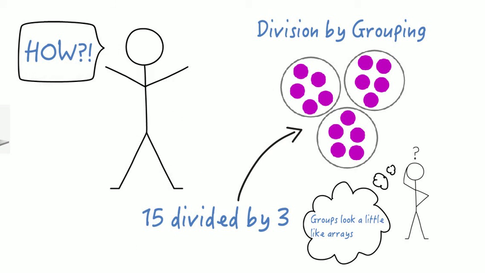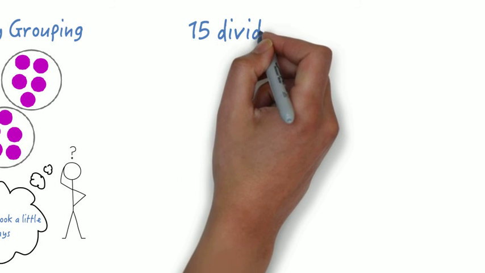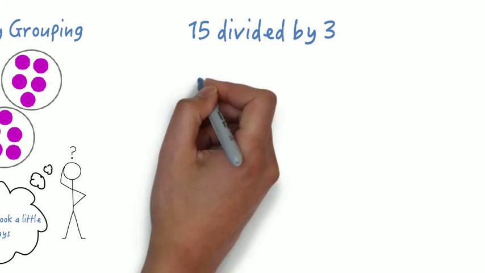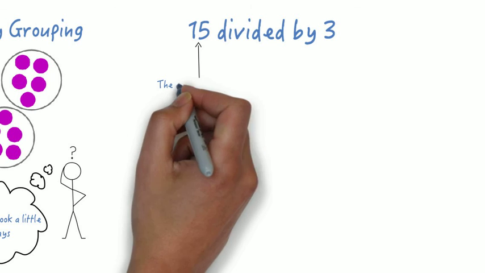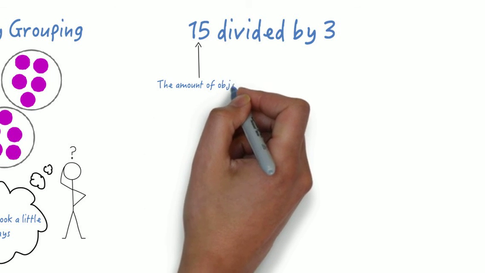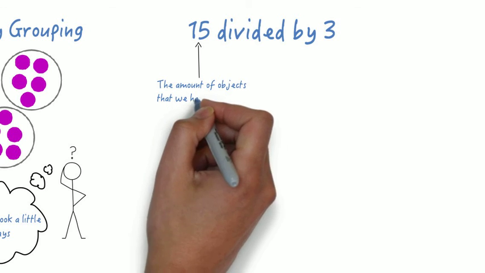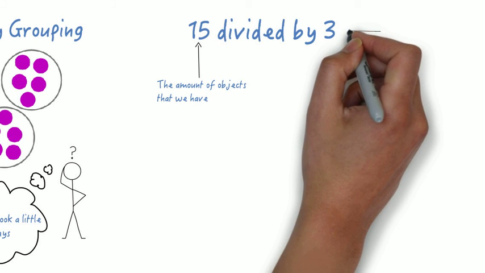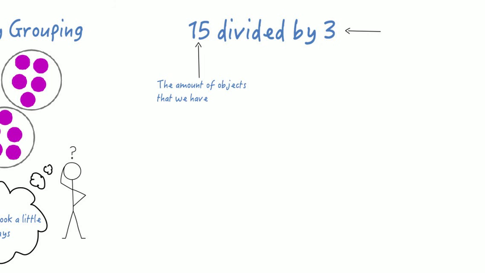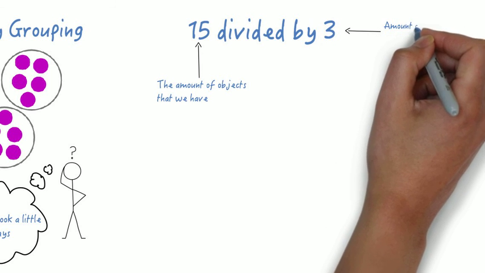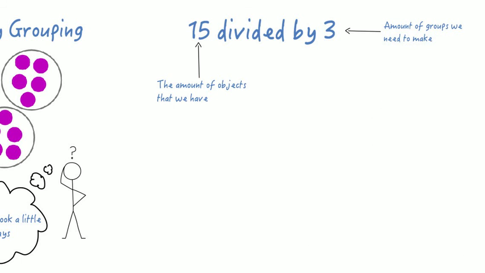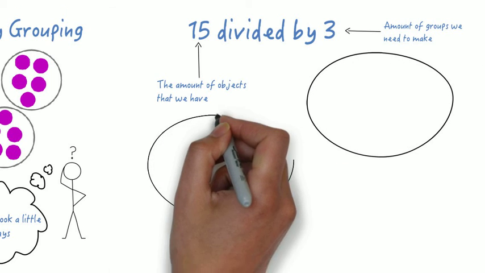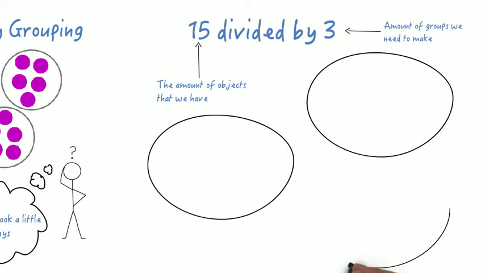But how? So the first number shows you the amount of objects that you have. The second number shows you how many groups you need to make. I can use the second number to know how many groups to draw. 1 group, 2 groups, 3 groups.